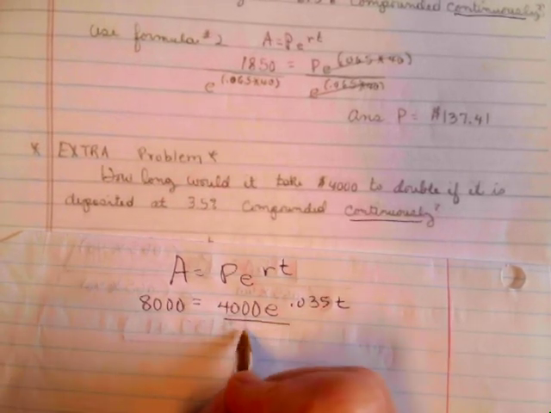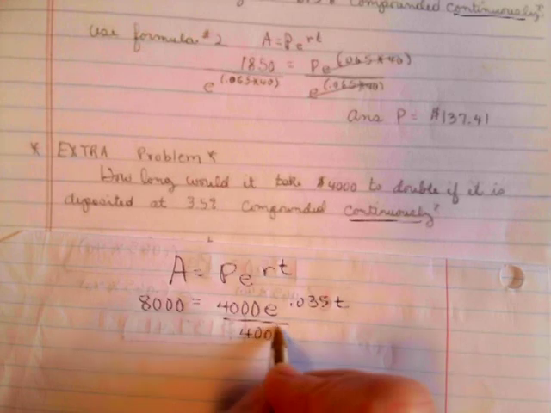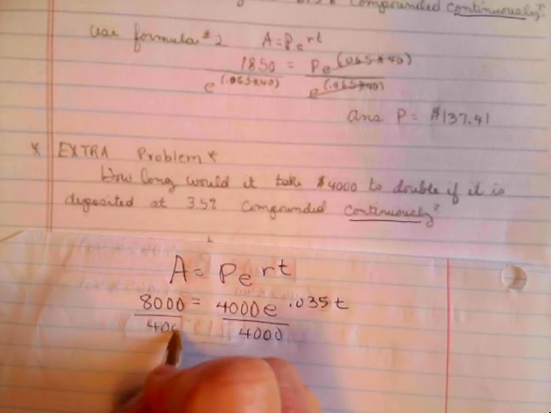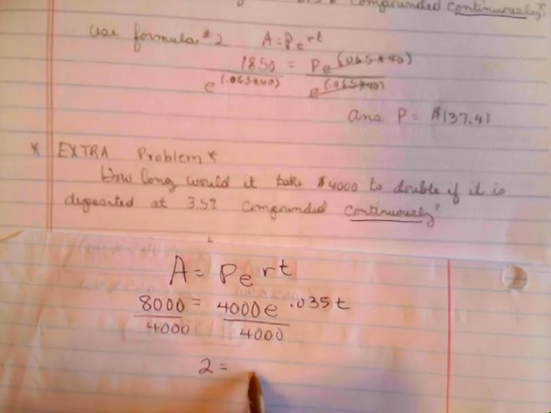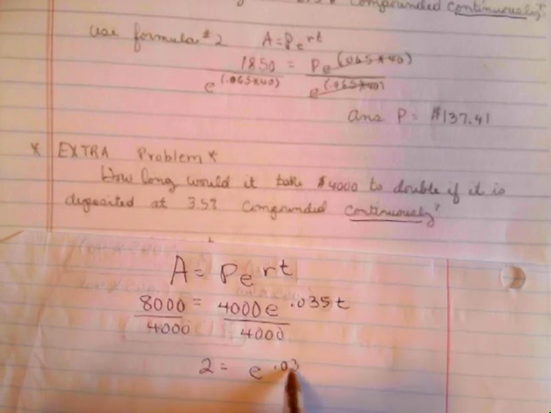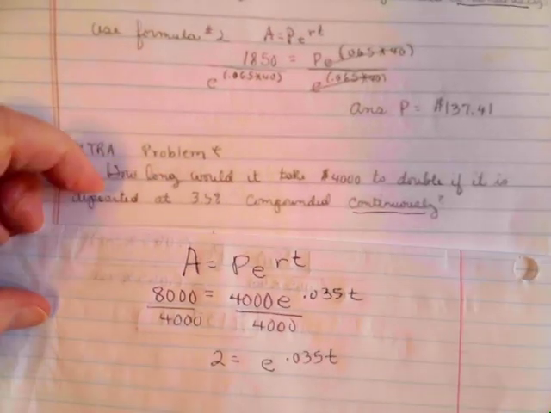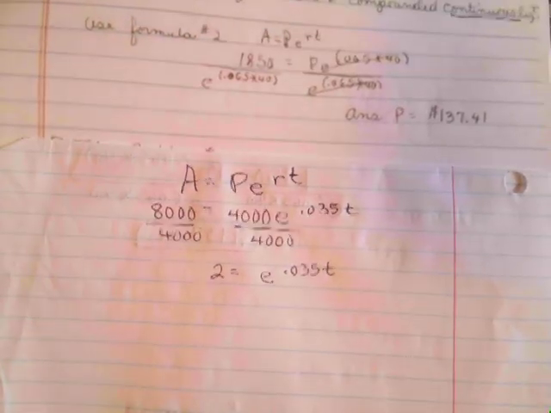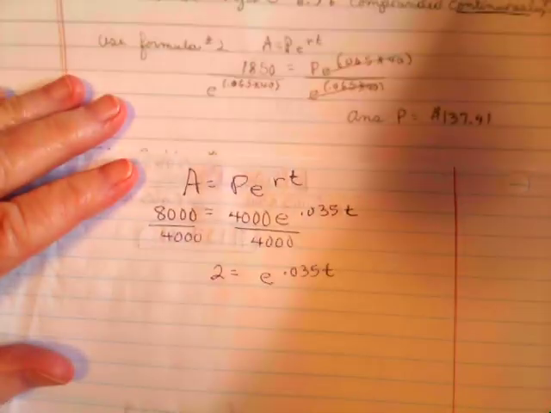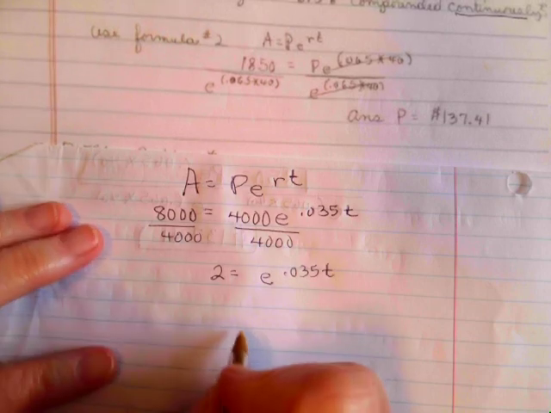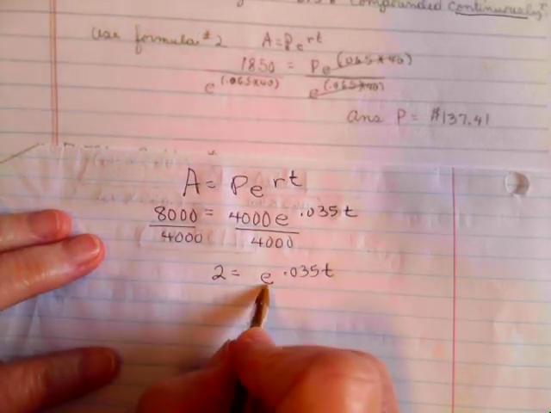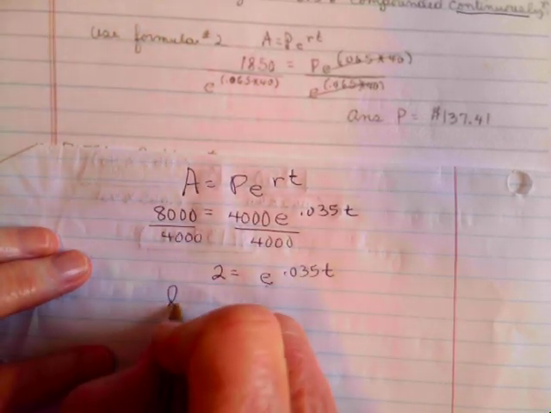Step 1 is to divide both sides by 4,000. 2 equals E to the 0.035 T. I'm solving for a variable that's an exponent, so I have to take the log of each side. That's why we learned how to use these logarithms. Since I got an E in there, I have to take the natural log.